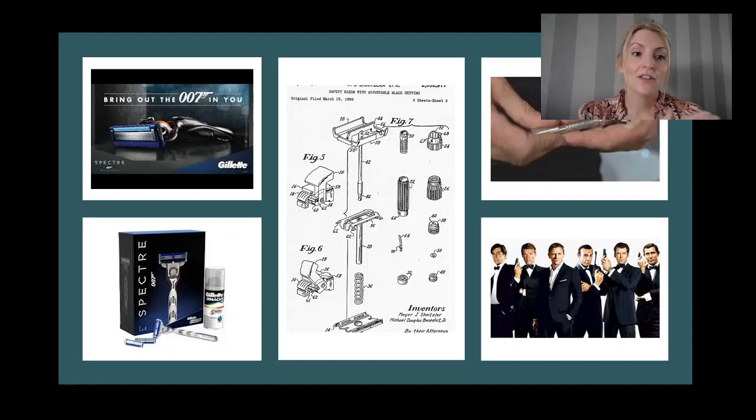From then, they've had sponsors in the latest films with Spectre, because it's about the masculine man, the clean shaven, this sexy bravado that all the James Bonds have, and Gillette have been really, really lucky to be associated with that. That's definitely something that's contributed to their success, and what no other razor blade company have ever done before.